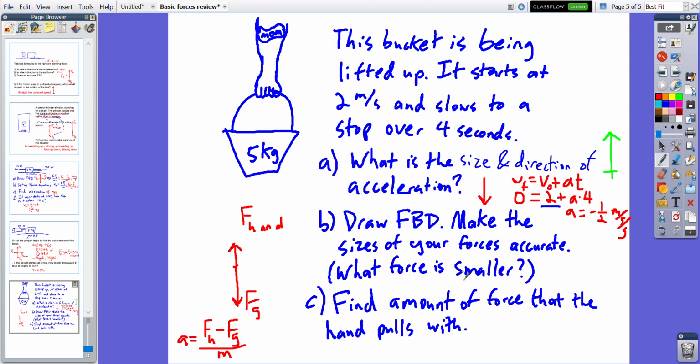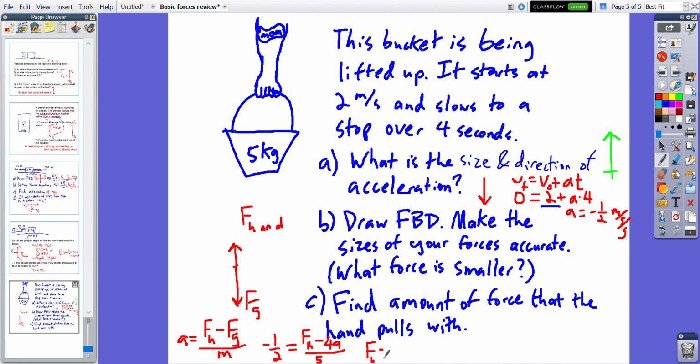Now, if you do that, negative 1/2 is equal to hand minus gravity, gravity being 5 times 9.8, which is 49, all right, over 5. You solve this out properly, and you will get a hand force that is definitely smaller than 49.